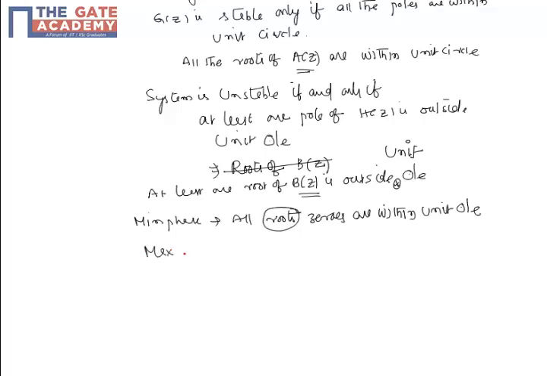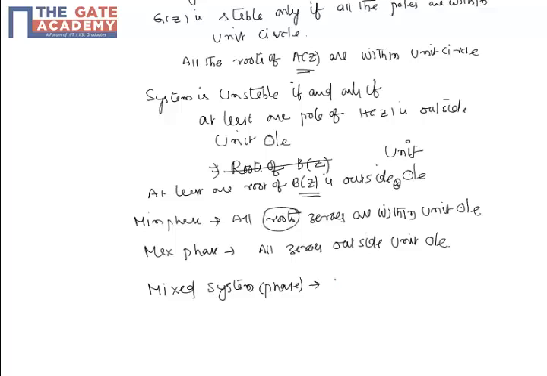Similarly, maximum phase means all zeros are outside the unit circle. Mixed phase means zeros both inside and outside of the unit circle.